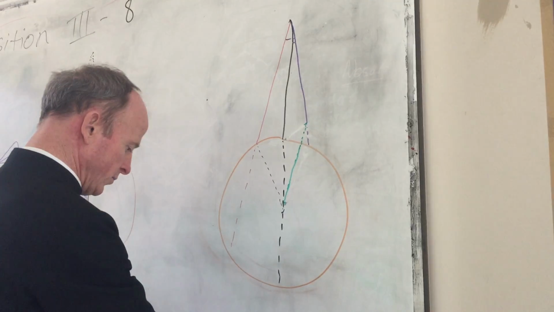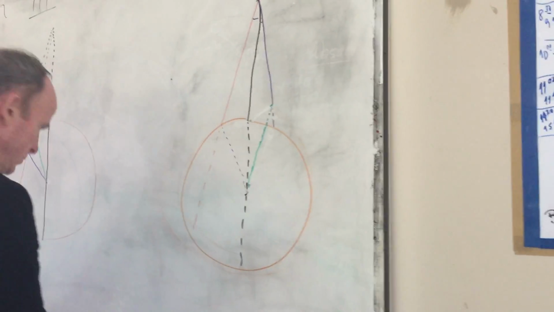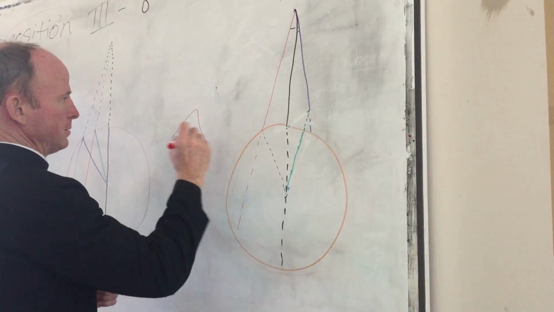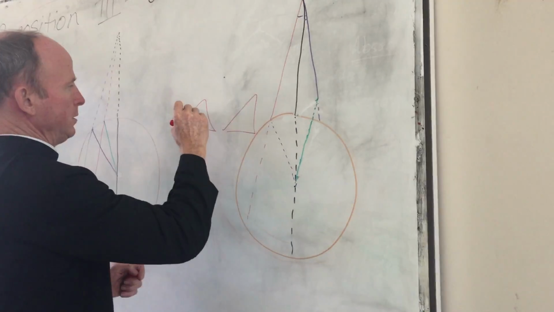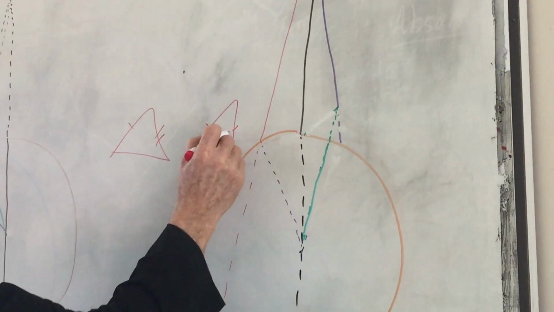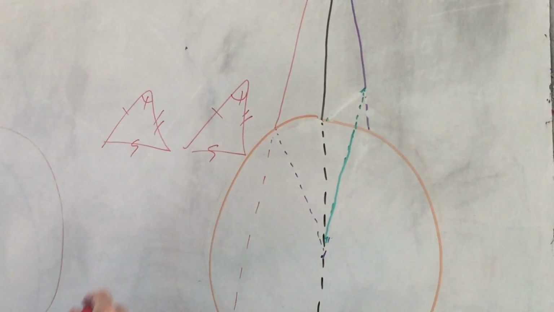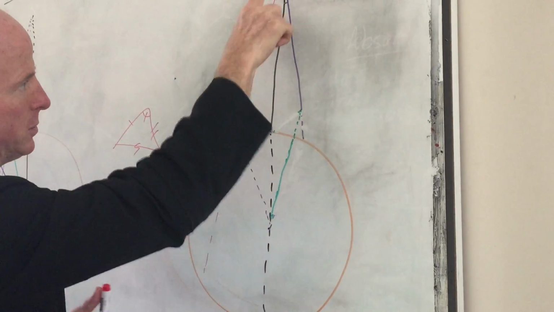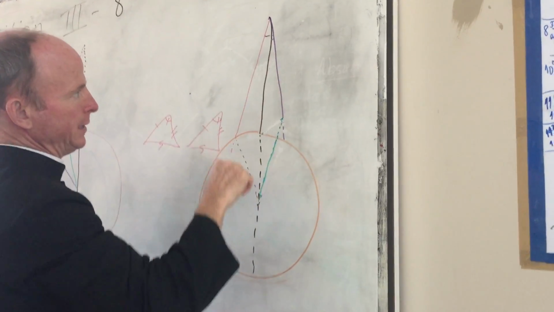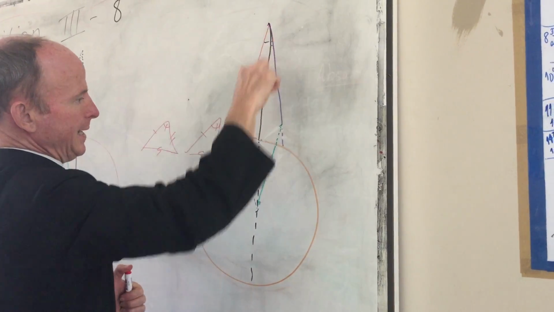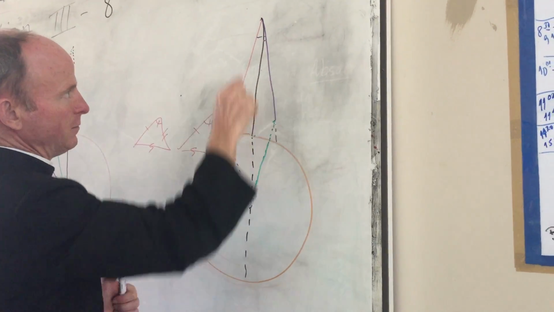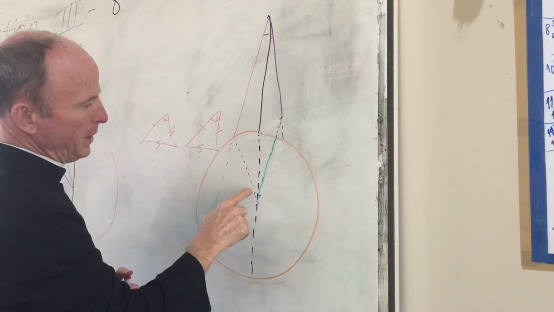And we know that when we have two triangles with two sides being equal to two sides respectively, and the angle they contain are equal, the base is equal to the base. So here's two triangles, okay?